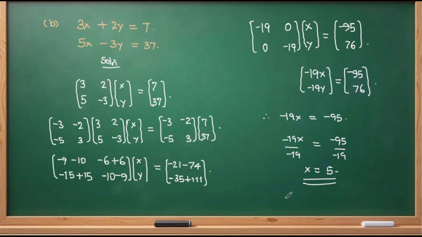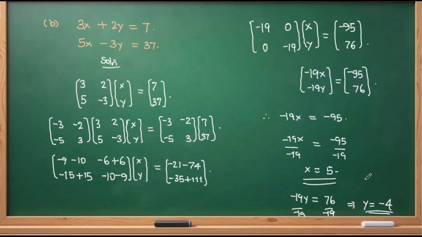So we have negative 19y equals 76. When we divide this by negative 19, we realize that y would be equivalent to 76 divided by 19, which is negative 4, because positive divided by negative is negative.